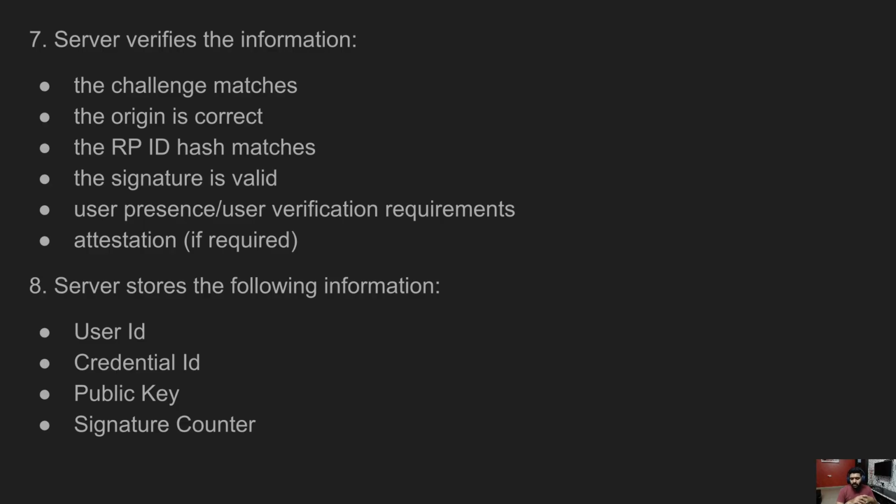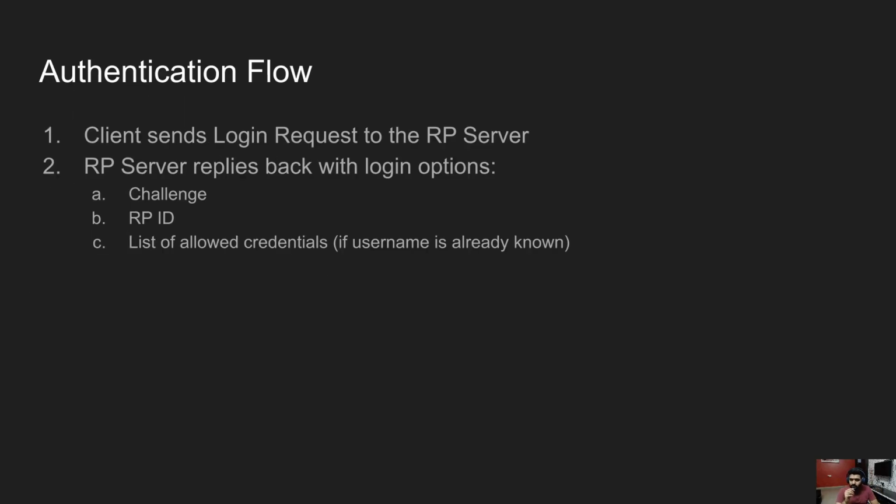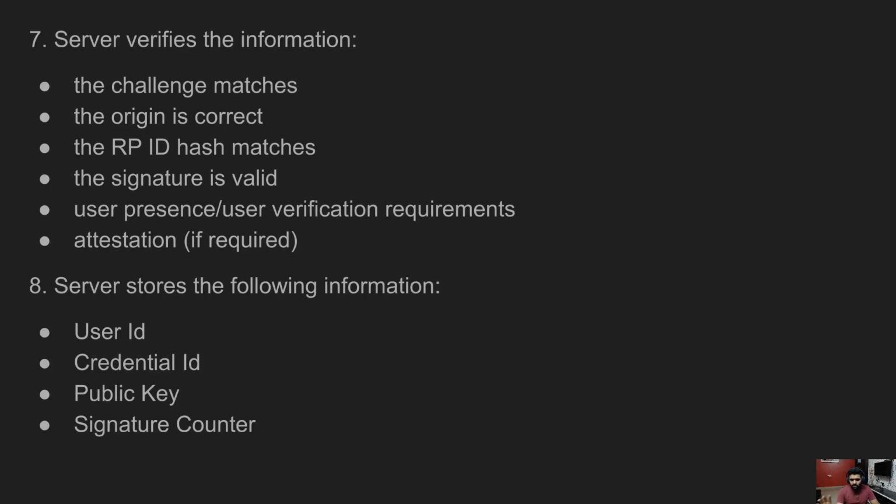So this depends on the authenticator, and this may be used by the server to track whether the authenticator has been compromised or not. Okay, so that was the registration flow.